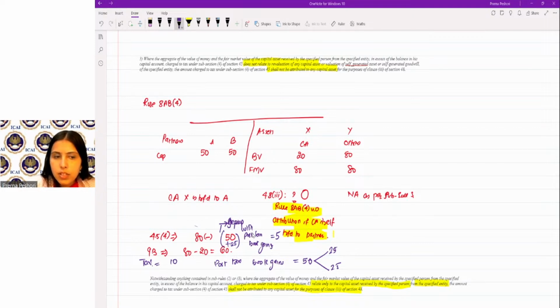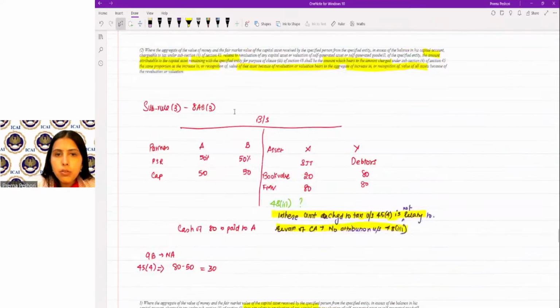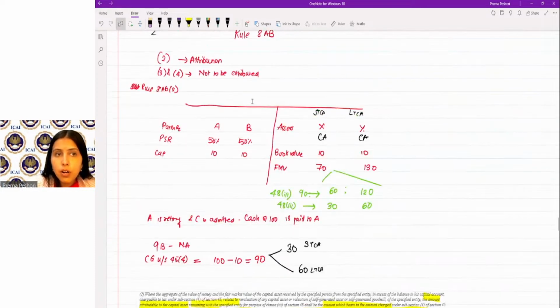Clear? So I was talking about this example of sub-rule 2, where the cash is paid. Under 45(4), there was a capital gain of 90. Now, how would you determine what is short term and what is long term?